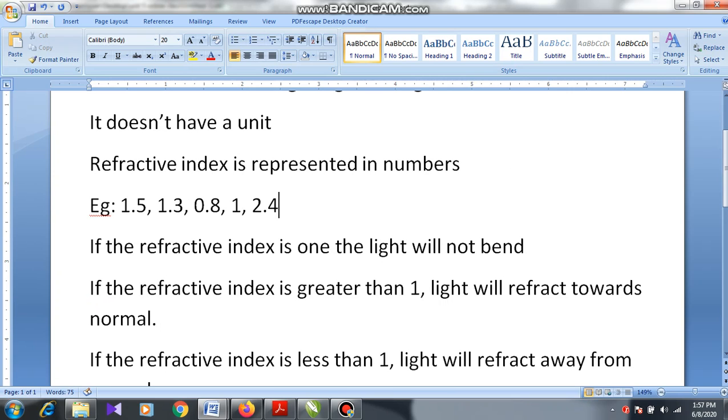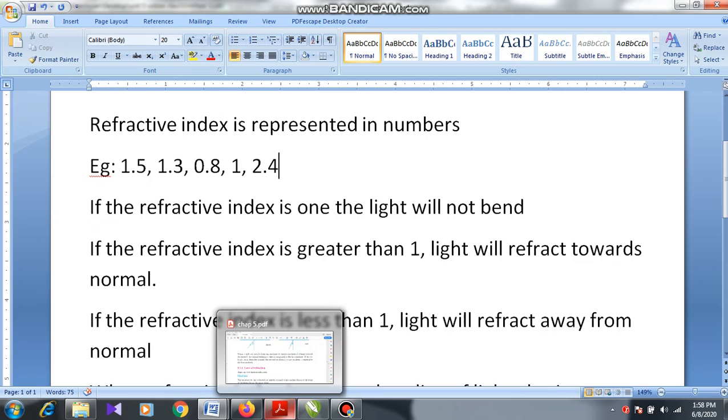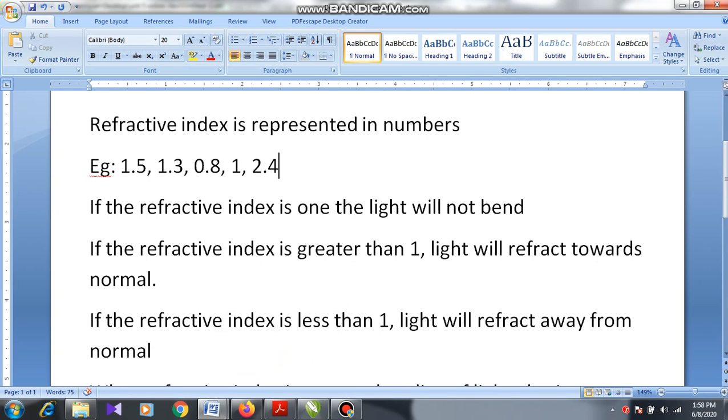If some medium has a refractive index equal to 1, then you have to decide that light is not going to bend. If the refractive index is greater than 1, something like 1.5, 1.3, 2.4, then light is going to refract towards the normal.